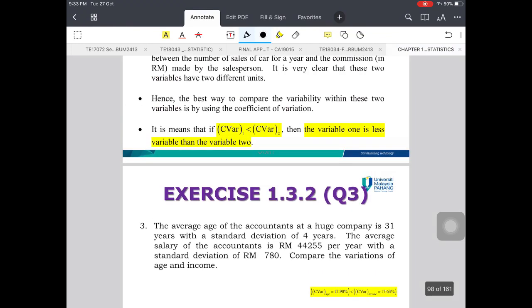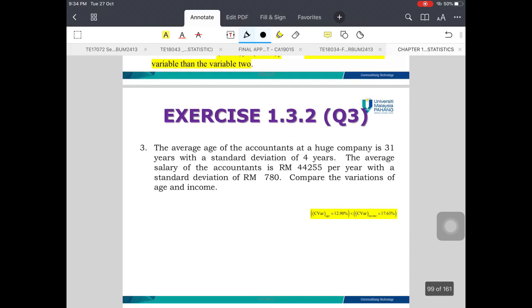It means that if the coefficient of variation for the first group is lesser than the second one, we can say that variable 1 or group 1 is less variable, or less dispersed, compared to variable 2 or group 2.